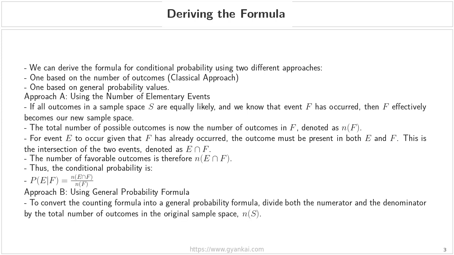Now, if you prefer working with probabilities rather than counting individual outcomes, we can use approach B. This is a clever algebraic trick to turn our counting formula into a general probability formula.